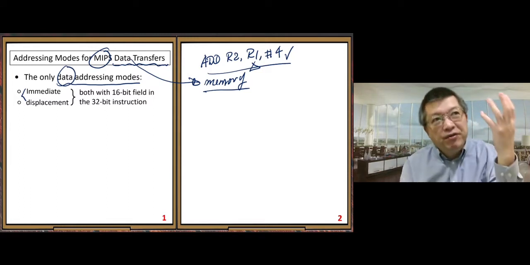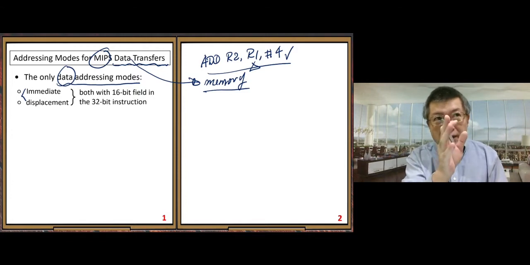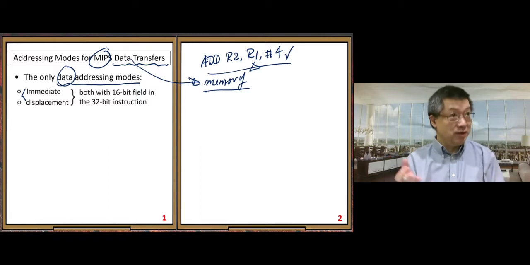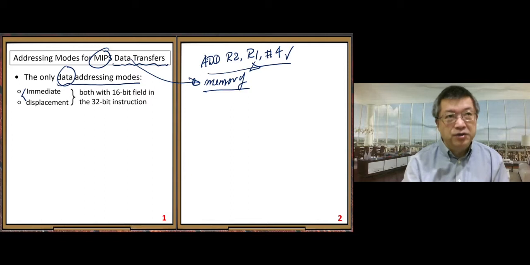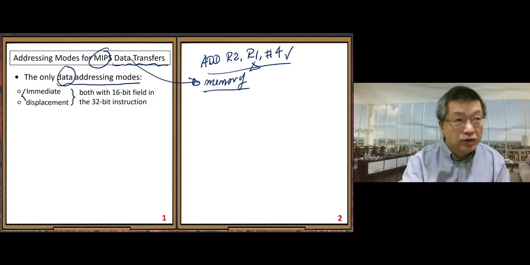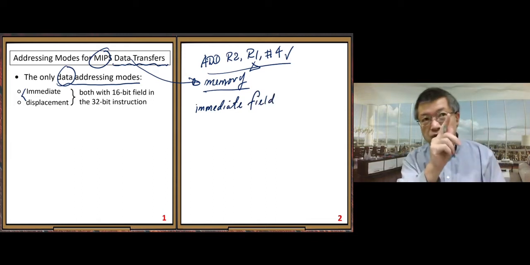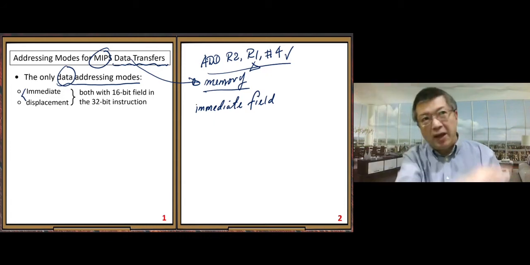We give it the name immediate field, but it can also be used as displacement. Here could be a little confusing, so I use the term immediate field for the last 16 bits inside the instruction. Later, when we look at the specific instructions, we will see that clearly.